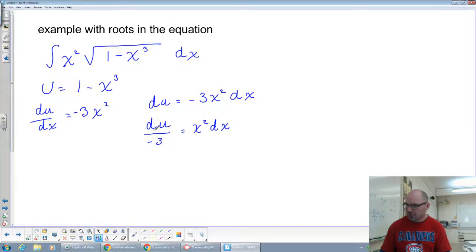Okay, so this is what our substitution is going to be. We're going to sub the u in and this in for du. The u has to go in and the du in proper form. So we need these two things in there for our form. So then we have our expression, and when we sub it back in, we have a u to the 1/2, which is square root. Okay, this would represent du over negative 3.